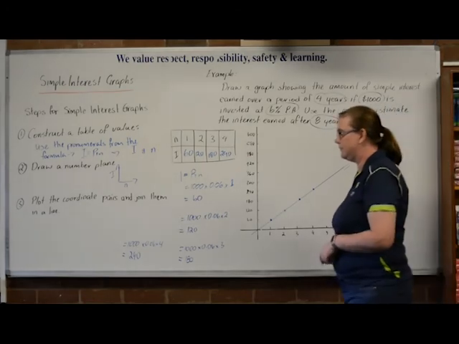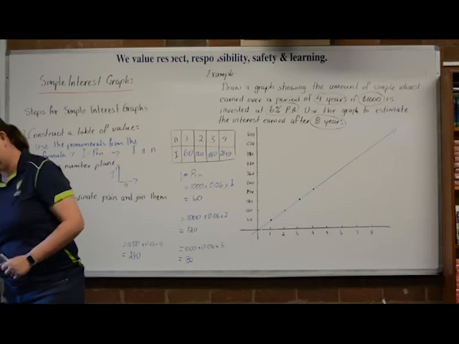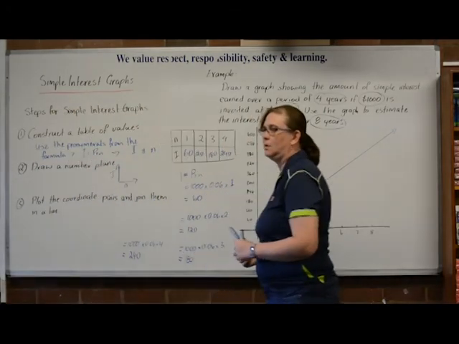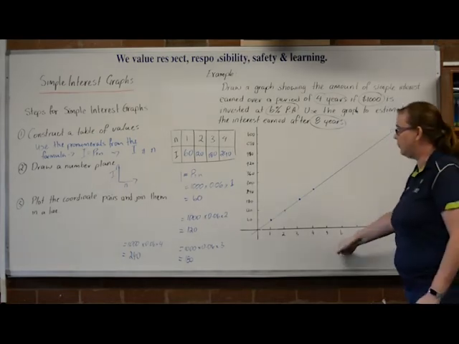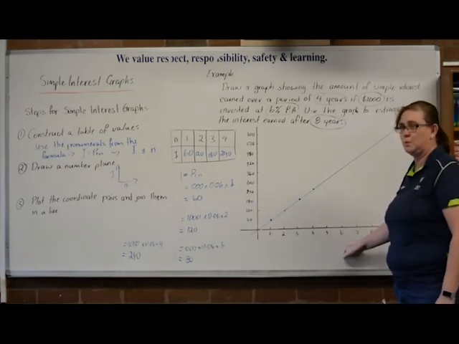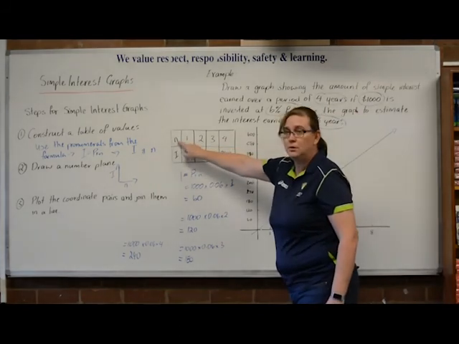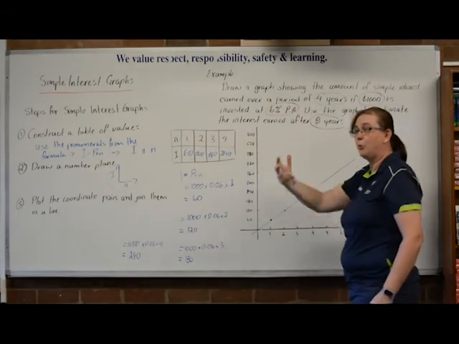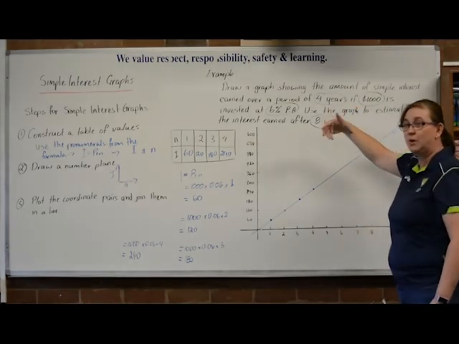There's a couple of bits missing from the graph though. Who thinks they might know what's missing? Some titles, some labels. What did we put across the bottom? The n, the number of time periods.